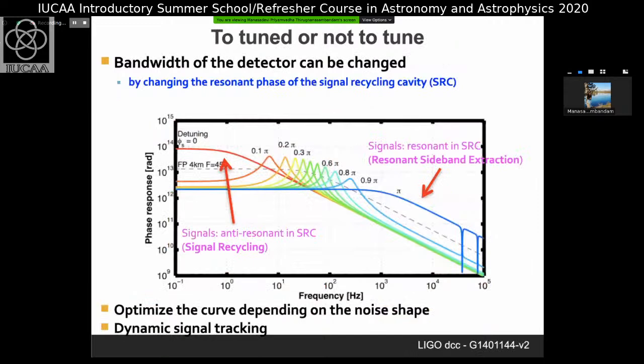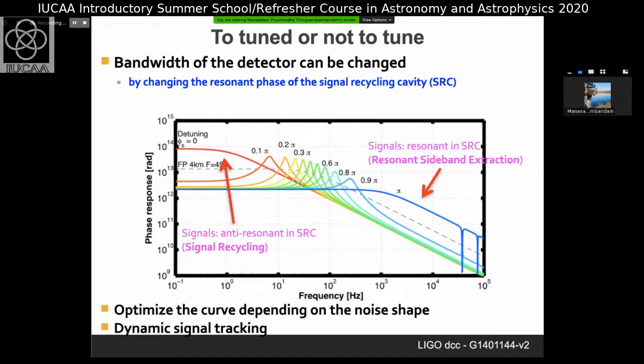So what you see in here is actually the frequency response of the interferometer as you change the signal recycling cavity length. You can see that the detuning set to 0 is where you start, and then a detuning of pi would be changing the length of the cavity. And you can see as you change the length of the optical recycling cavity, you can make the interferometer sensitive. You can see bumps rising at particular frequencies for the gravitational waves that you want to detect.